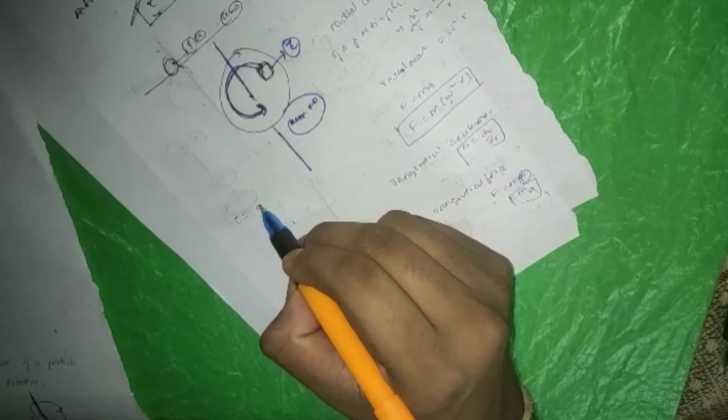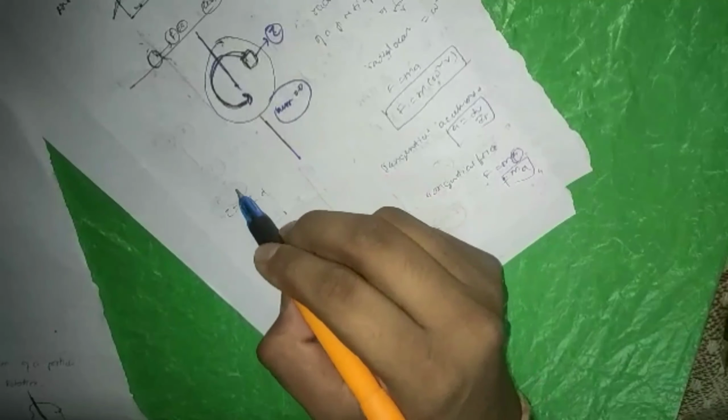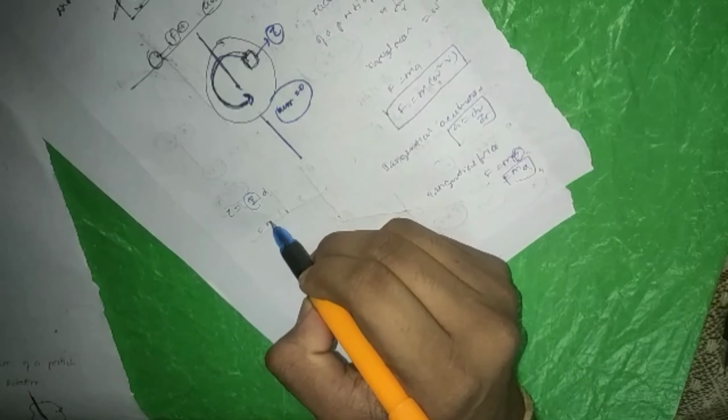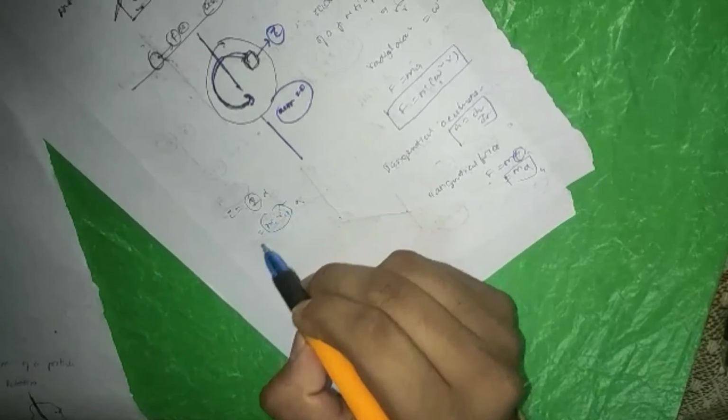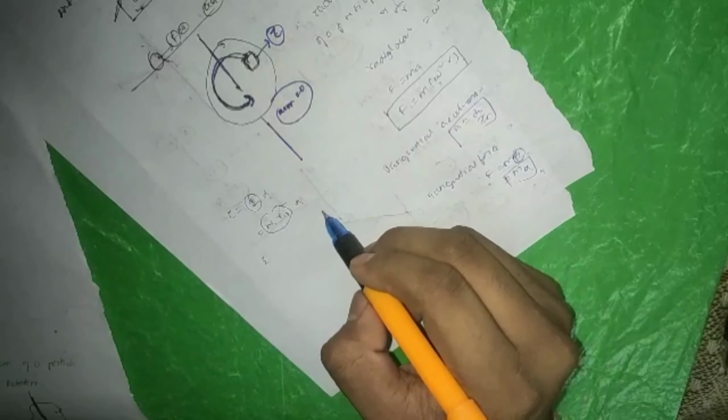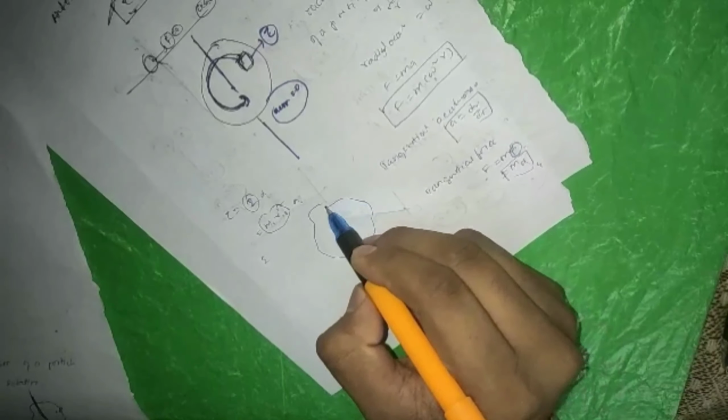Next, we know that torque is equal to I alpha. Then I is, we know, sigma mi ri square, right? Here, sum of the whole, like this one body, you can take it.